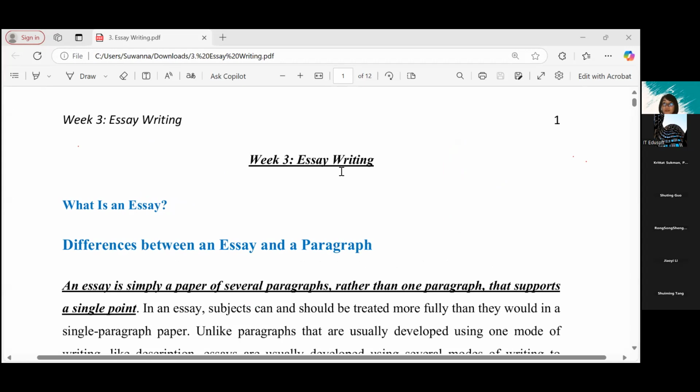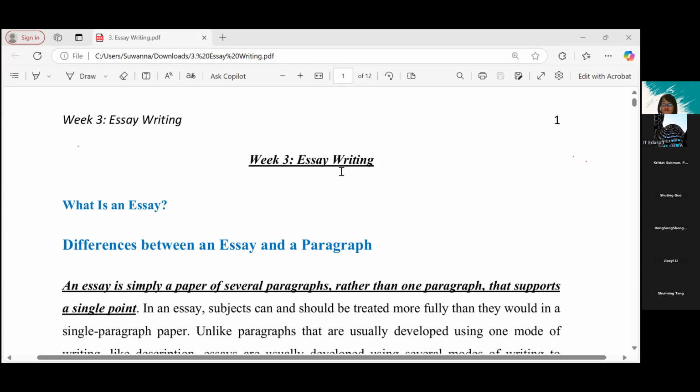When you study in a college or university, especially at graduate level, like master's or PhD, chances are you will have to work on a lot of writing assignments, and that includes essays. Also, in your future master's or PhD thesis, you will have to write a lot as well.